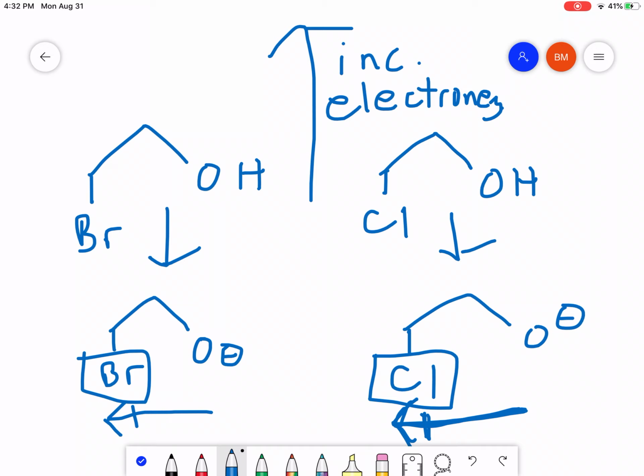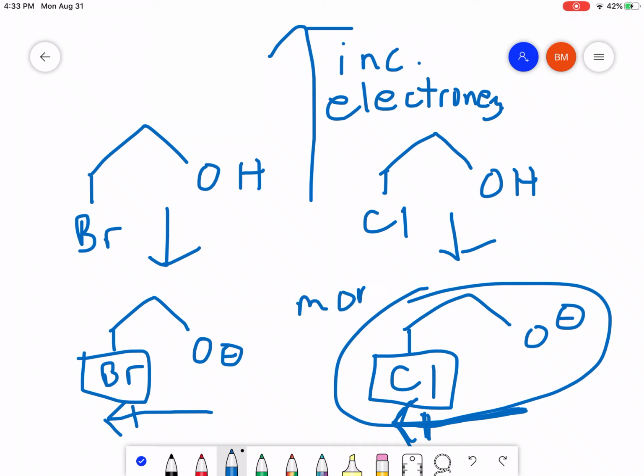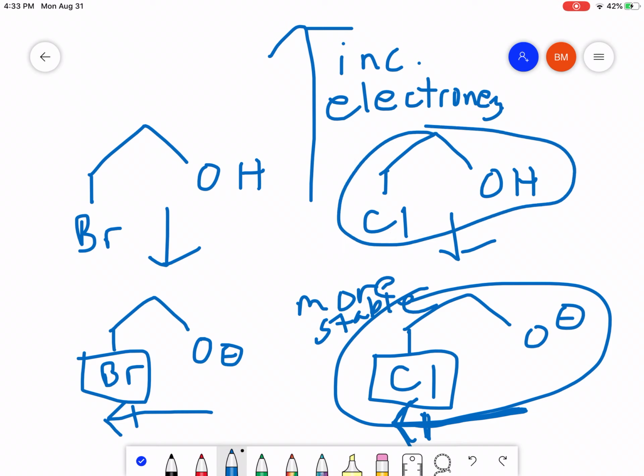So, since Cl is more electronegative than bromine, that means this guy is more stable. And this guy right over here is going to be a little bit more acidic than the one on the left. Okay? All right.